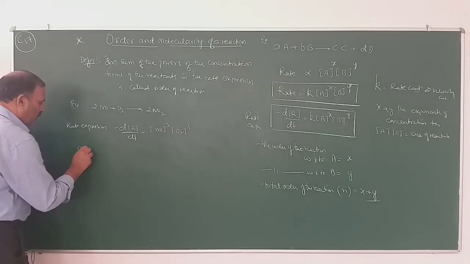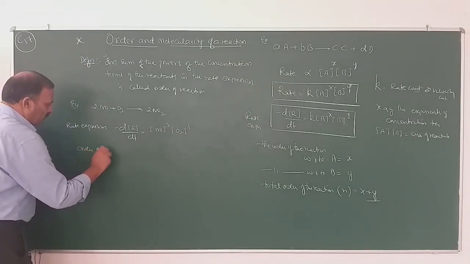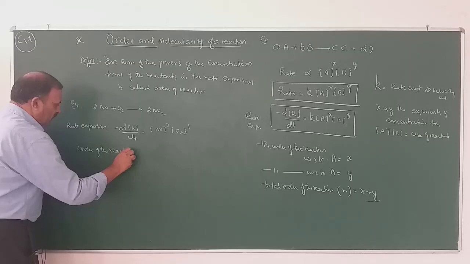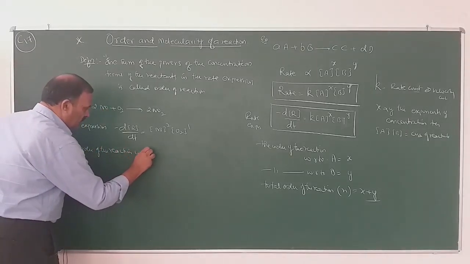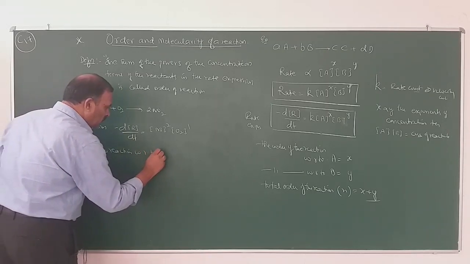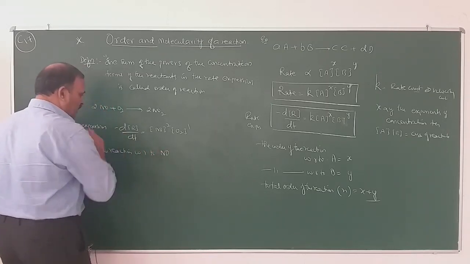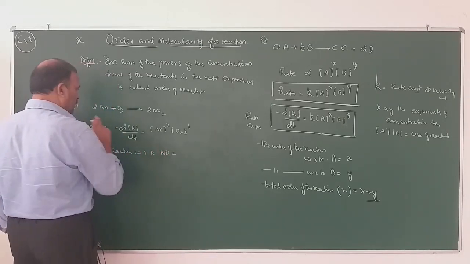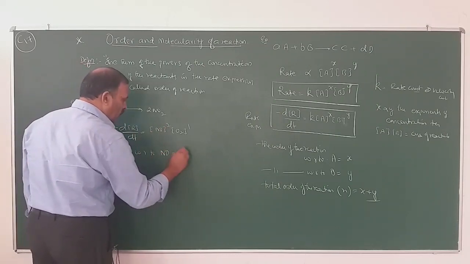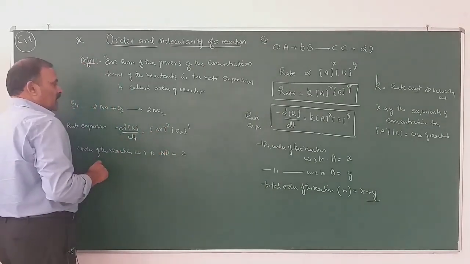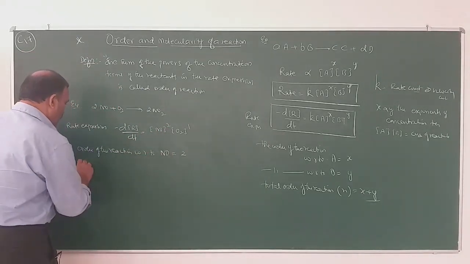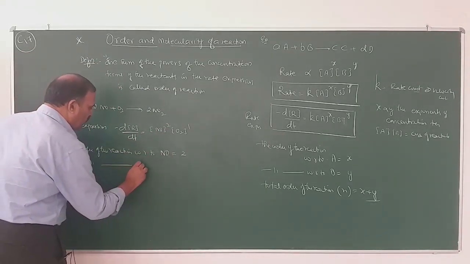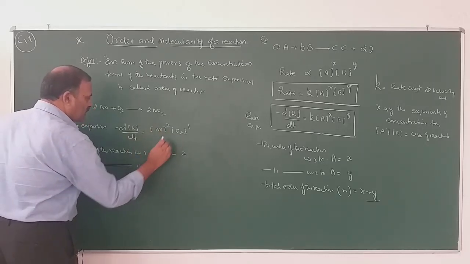Then what is the order of this reaction with respect to reactant nitric oxide? It is equal to 2, because the power of concentration of nitric oxide is 2. Similarly, what is the order of this reaction with respect to oxygen?